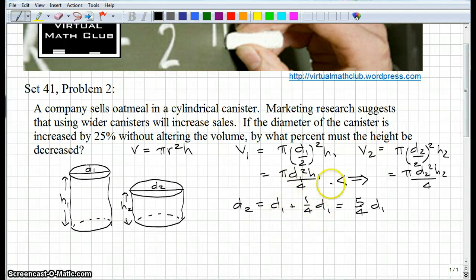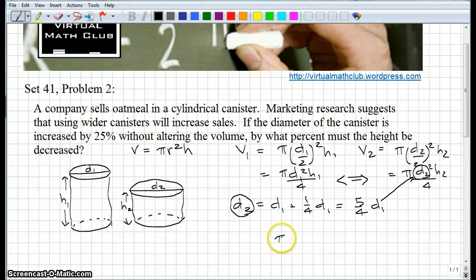So let's plug this into our formulas up here, and let's put everything in terms of D1. Wherever we see D2, we're going to substitute in this expression, so everything will be in terms of D1.